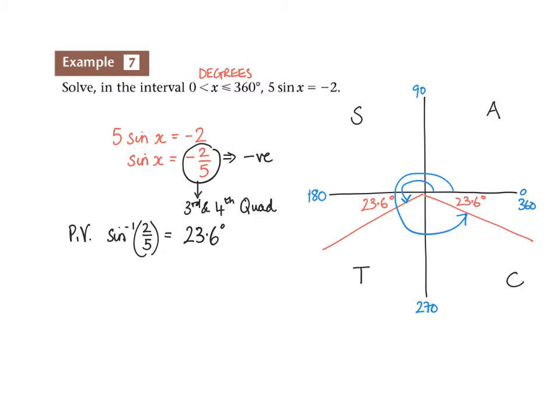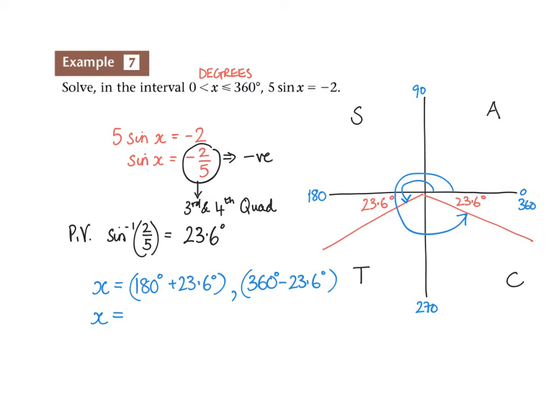So the two angles, x is equal to 180 degrees plus the 23.6 because it's in the third quadrant, and it could also be 360 minus the 23.6 degrees. It's really important that you always measure from this horizontal line because that's your 180 degree line, 0 and 180. So a little bit before and a little bit after.